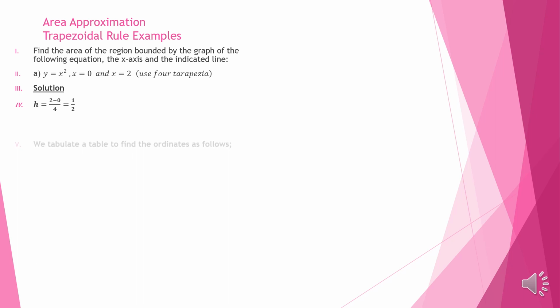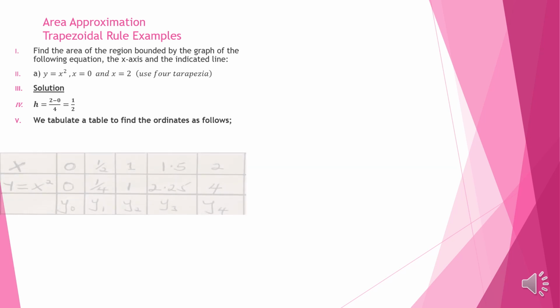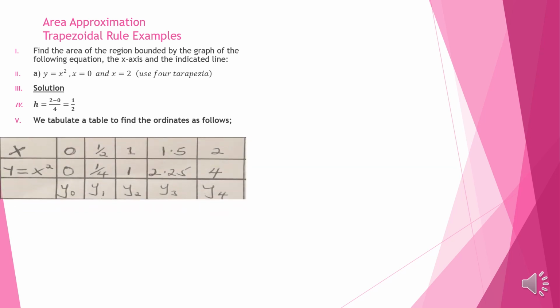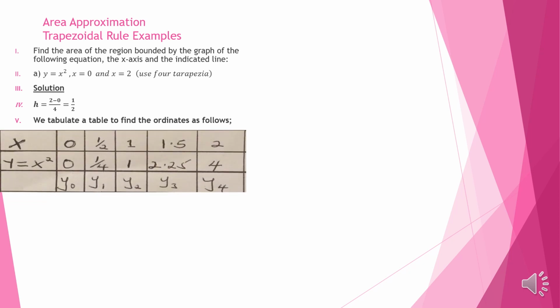which for this case we get that the height h is a half. The second step, then, we proceed to tabulate a table so that we can find the ordinates of those trapezia. We start with the lower boundary, and then we keep on adding the height until we reach the upper boundary. So x will be 0, a half, 1, 1.5, and 2. Then we find those heights by using the function given, y equals x squared.